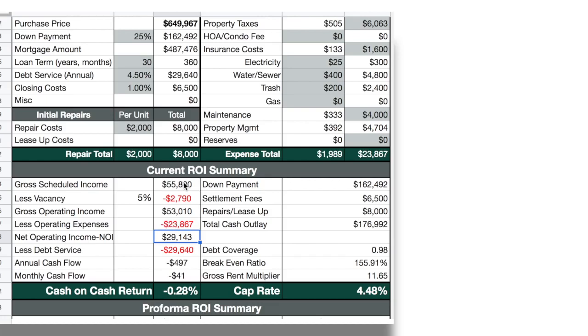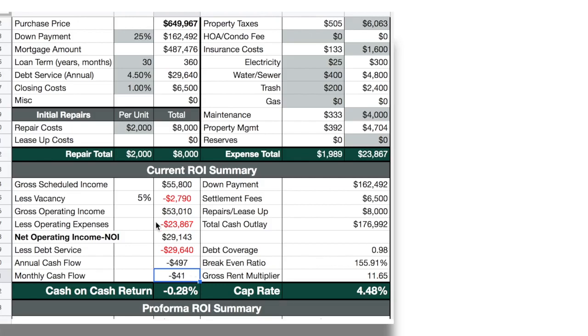So gross scheduled income less vacancy less operating expenses is your net operating income. That's a really important term, the NOI. So your NOI is there, less your debt service, so minus your mortgage payments, which are here. So your annual cash flow is negative 500 and the monthly cash flow is negative 41.